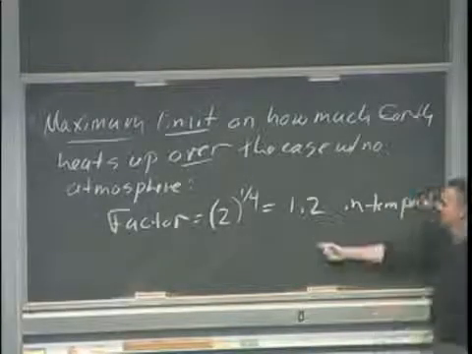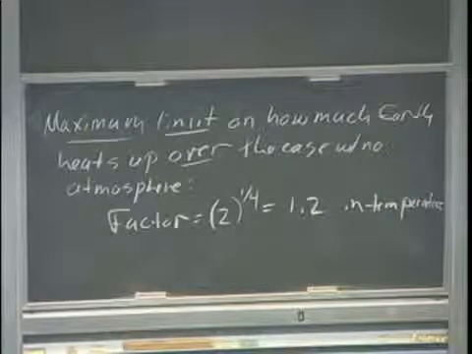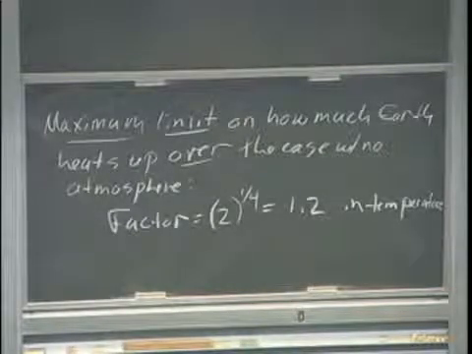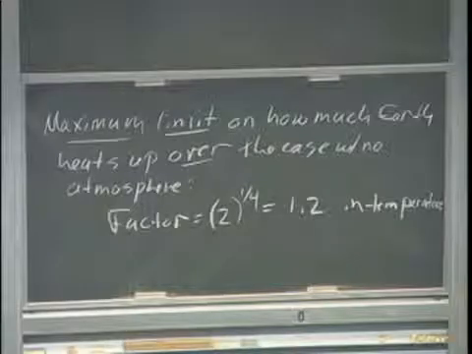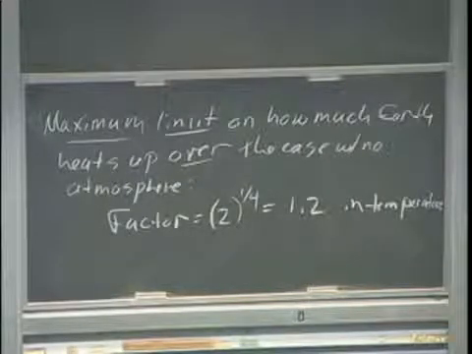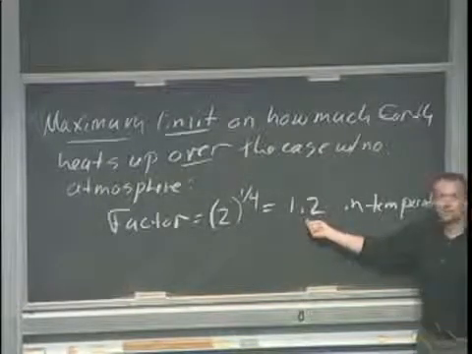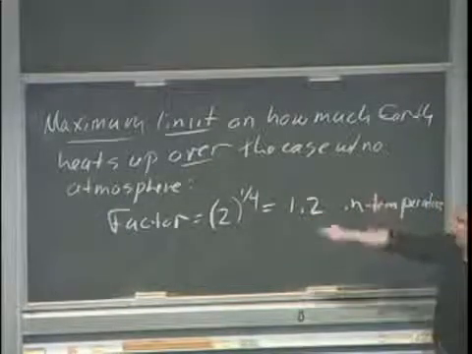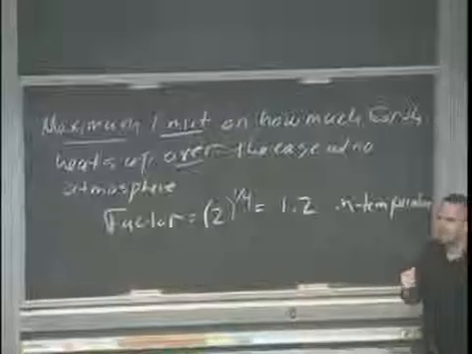So that just tells us that with this extreme atmosphere, where all the infrared radiation from the Earth gets absorbed in the atmosphere and does the maximum amount of heating, we would have a factor of 1.2, or a 20% increase in temperature over the case where there was no atmosphere whatsoever.